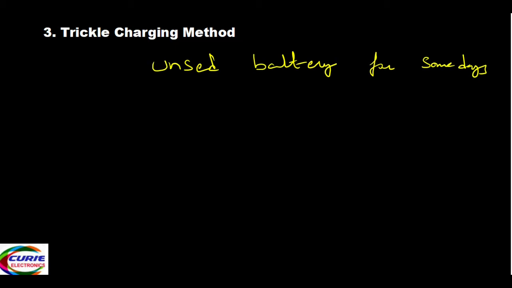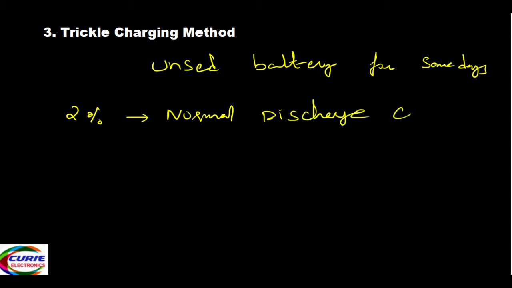In trickle charging, we apply 2% of the normal discharge current. The battery manufacturer will say what the normal discharge current of a battery is, what current should be used for charging, all those things. With the trickle charging method, it will take 4 to 5 days for a battery to get fully charged. That's also an important thing.